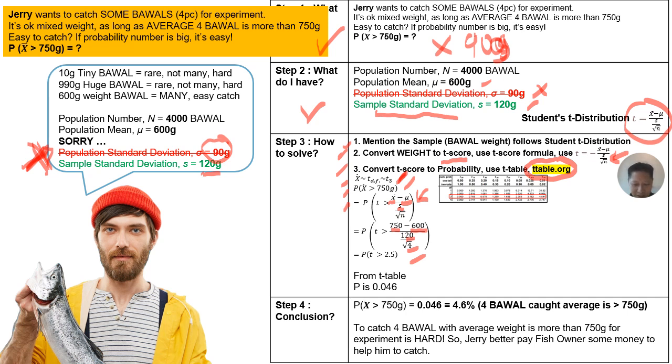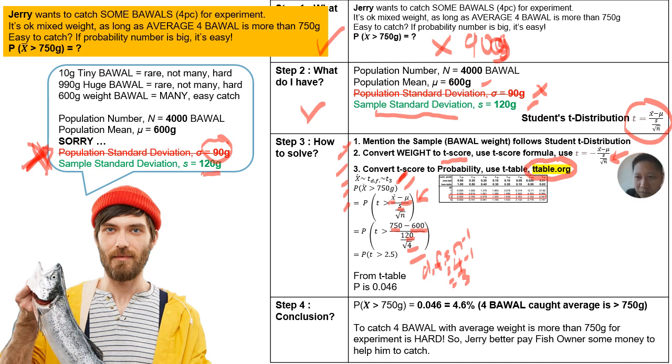The first step is to highlight what our degree of freedom is. Degree of freedom is our number minus 1. So we have 4 fishes minus 1, which will be 3.